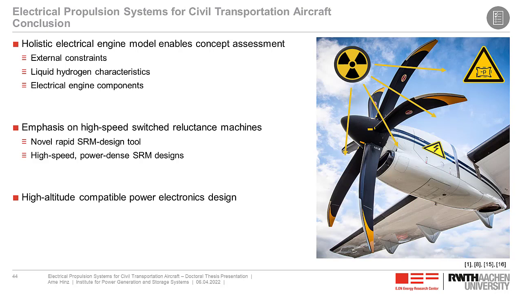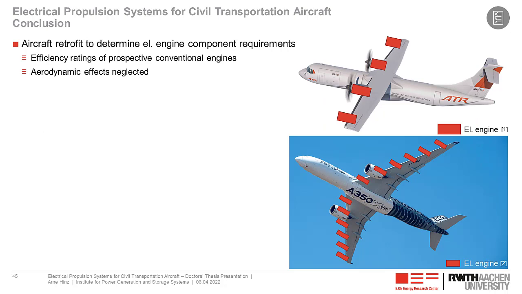We proposed a high-altitude compatible power electronics design and a grounding and protection scheme, which is compliant with the CS25 certification specification. We applied these engines to some aircraft in a retrofit approach to determine the electrical engine component requirements.